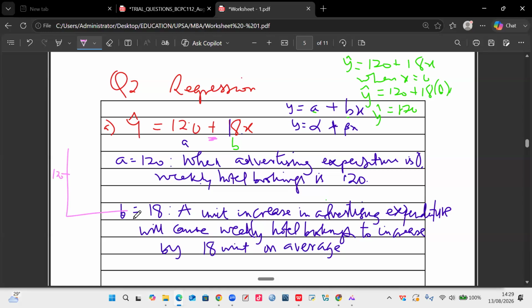This curve, which I've drawn, like a backward slash, will touch the y-axis at 120. At that time, x is 0. So the curve will only touch the y-axis when x is 0.